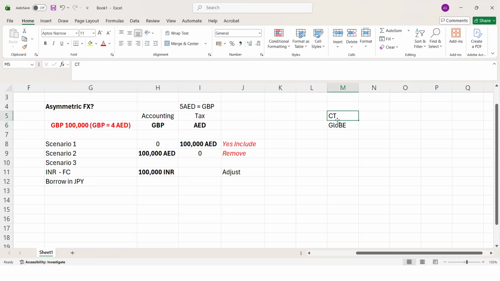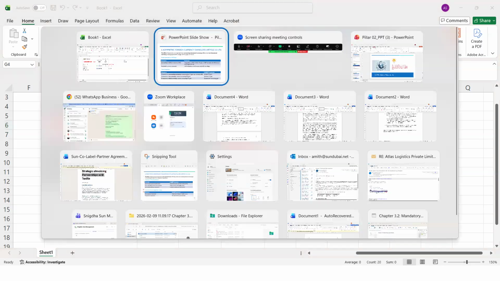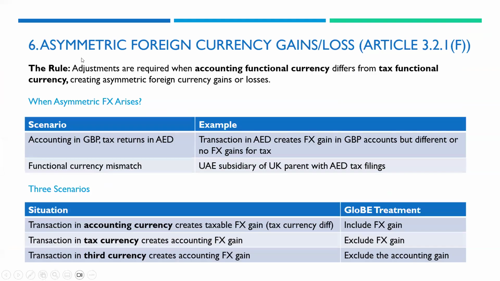The tax base used here and this does not have any differences in respect of foreign currency asymmetry. Are you understanding? That is the key thing about this asymmetric foreign currency gain or loss. It is a little thing, but you just understand that tax and accounting should match.